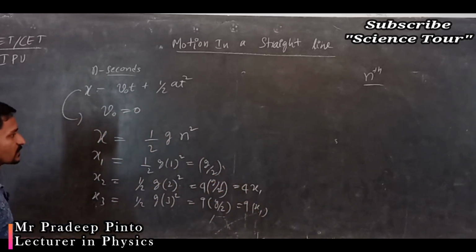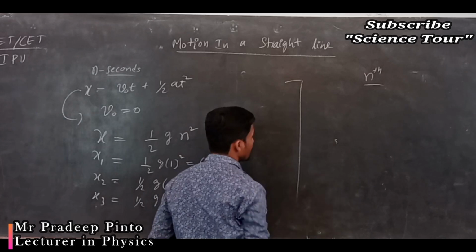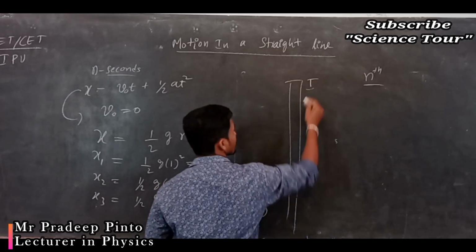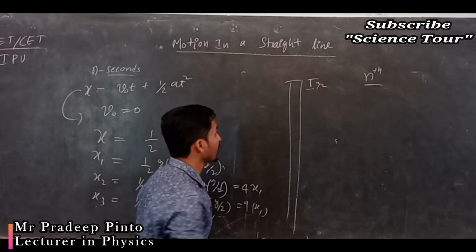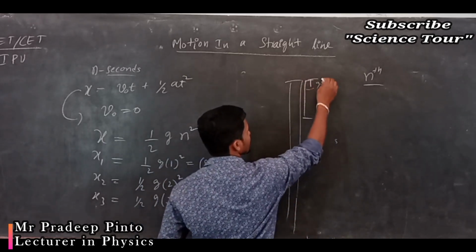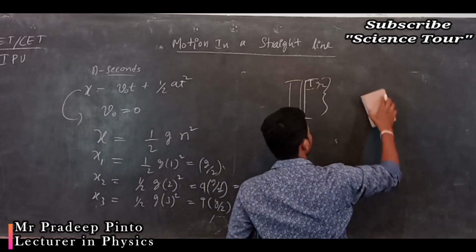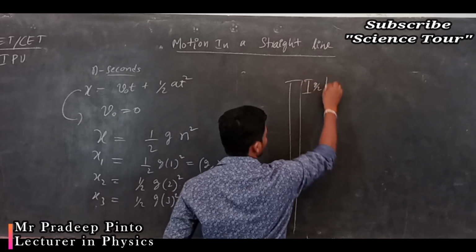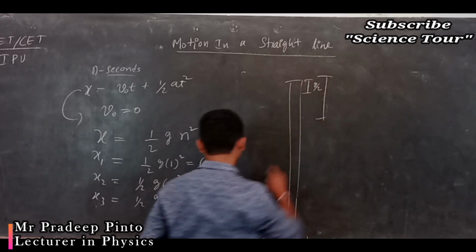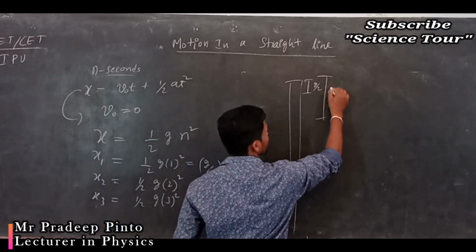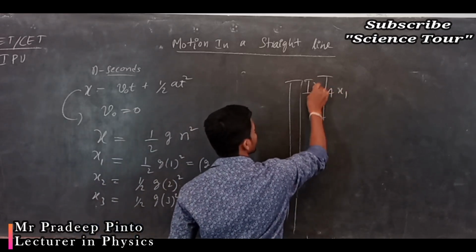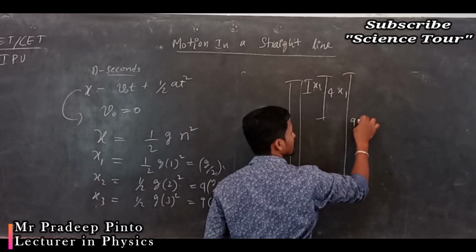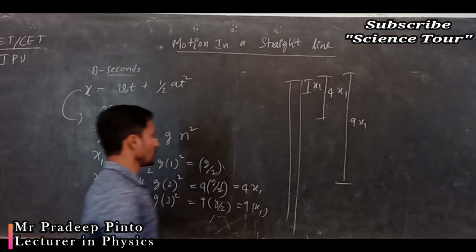So in n seconds what happens? For the same building, you calculate the distance for 1 second, that is g by 2. For 2 seconds, the total is 4 times g by 2, that is 4 times x1, where this is x1. For 3 seconds, it is 9 times x1 total.